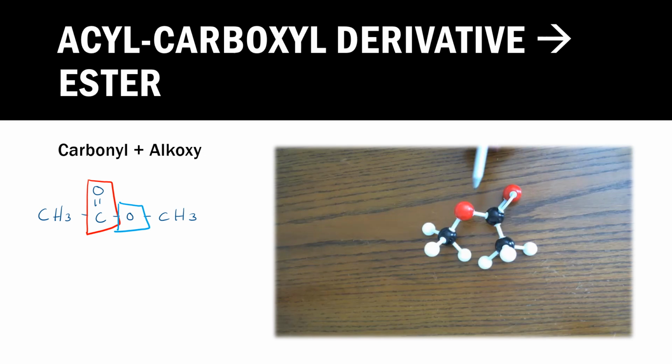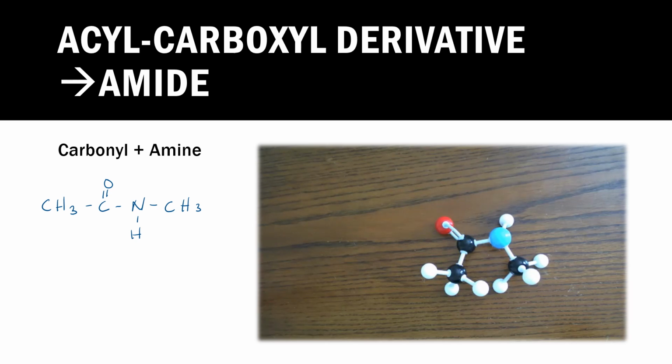And so that is this oxygen right here, or this oxygen here. And then important to note that that carbonyl has to be directly next to that alkoxy. So this is my ester. Again, got that carbonyl and that alkoxy right next to each other.